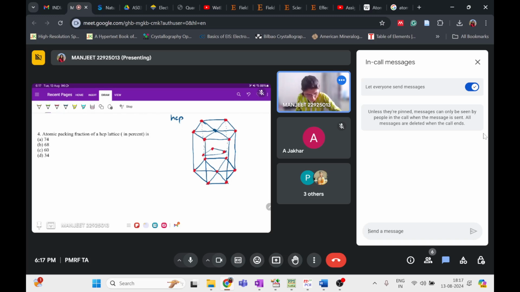If I say it is made up of 3 lattices, this is one of them, another will be this one.